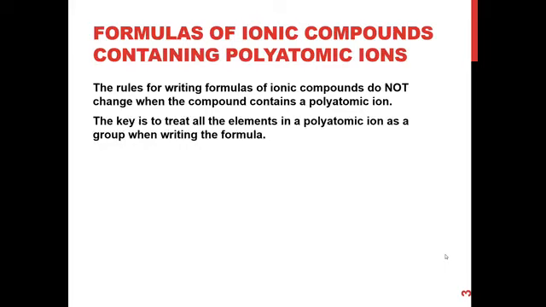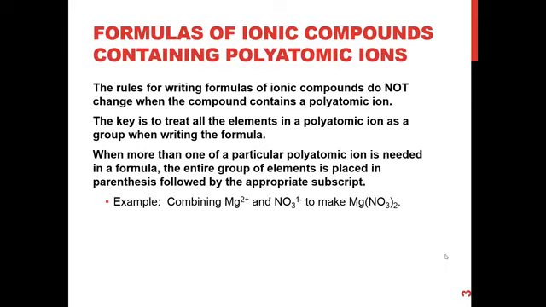The key difference here is that we treat all of the elements in a polyatomic ion as a group when writing the formula. If we need more than one of a particular polyatomic ion, it is necessary to place the entire group of elements that make up that polyatomic ion in parentheses, followed by the appropriate subscript.